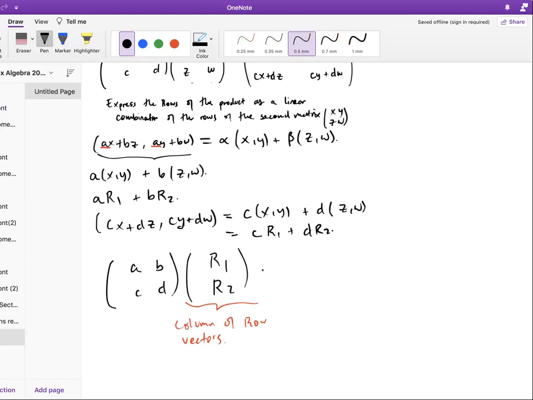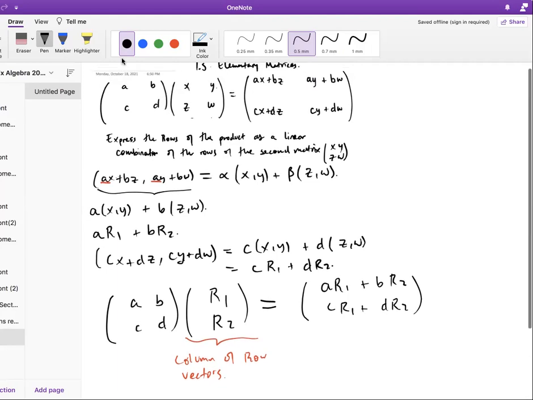Now, if you do the matrix multiplication, you get A row 1 plus B row 2 and C row 1 plus D row 2. Does that make sense?